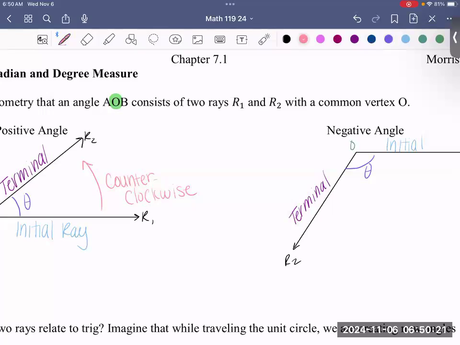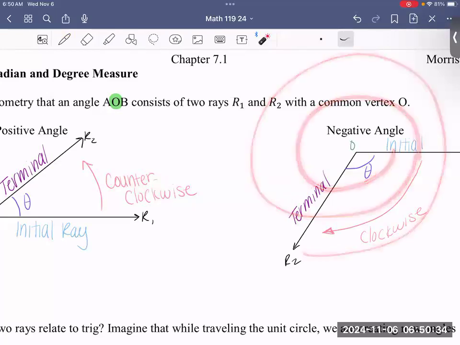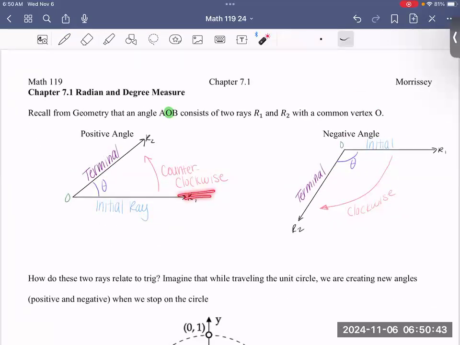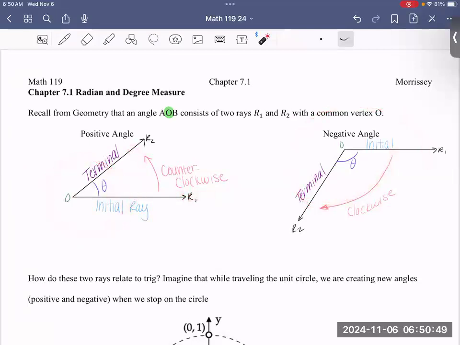Now this theta is going to be negative if we are going in the clockwise motion. So we go clockwise here, and we can keep going around and around, getting a very, very large degree measure, but it would be a negative degree. So counterclockwise, we're talking about a positive angle, and clockwise, we're talking about a negative angle.